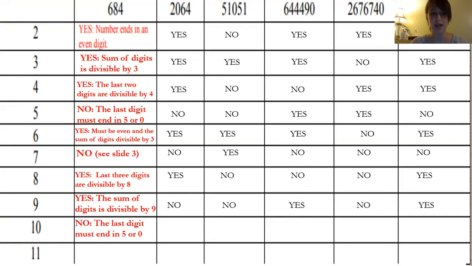The same rule applies for the divisibility for 10, the same way as if it's divisible by 5. It has to end in a 5 or a 0. So you have all the same answers on that one as it is for 5. 11 is also a tricky one, so I'm going to show you my slide that I made for that.